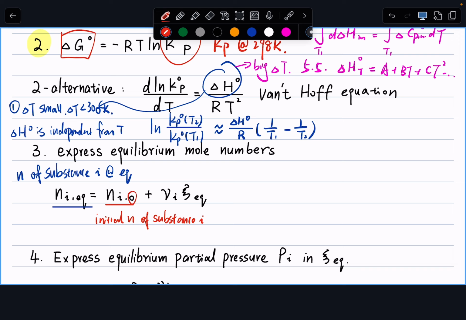This little 0 means that's the initial number of moles of your species. Plus the stoichiometric coefficient times the extent of reaction, or this is your change in the process. Right, so the stoichiometric number is negative for a reactant. That's why your equilibrium number of moles of your reactant will be smaller than your initial number of moles of your reactant.